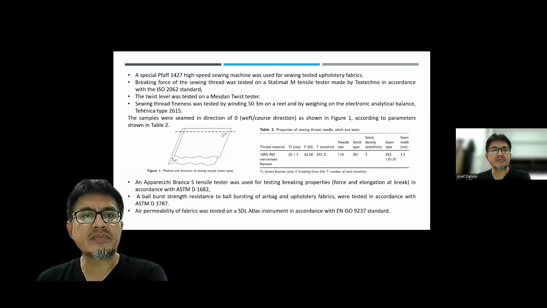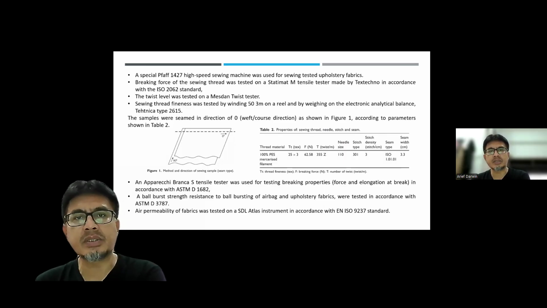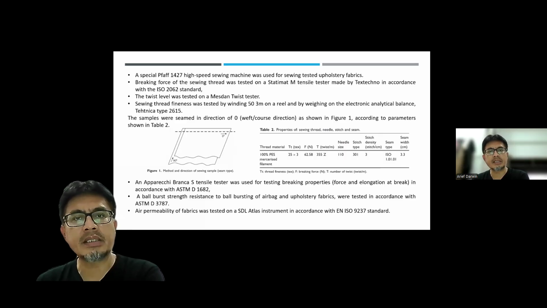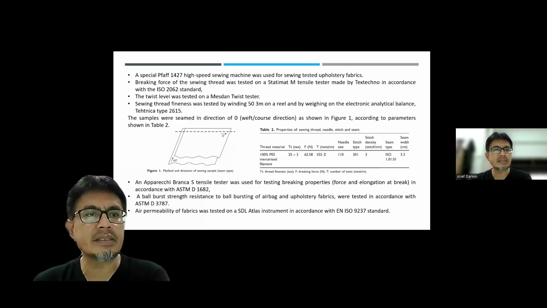The breaking force of the sewing thread was tested on the Statimat M tensile tester according to the ISO 2062 standard, and the twist level was tested on the Meshdon twist tester. Sewing thread fineness was tested by winding 50 by 30 meters on the reel and then weighing on the electronic analytical balance.